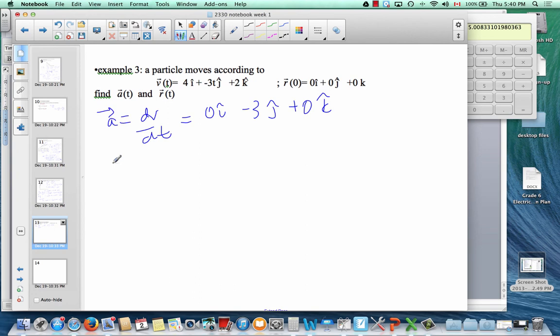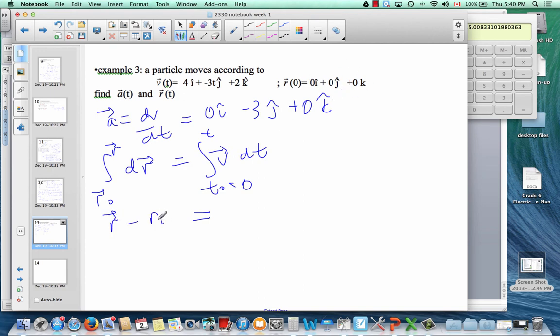For the position function, you're going to have to integrate. So dr is v dt. You're going to be integrating from an initial time, which is 0, and you're going to be integrating from an initial position. That also is 0, 0, 0, up to r and t. So this ends up being r minus the initial position, which is just a 0 vector. And you've got to integrate your velocity.